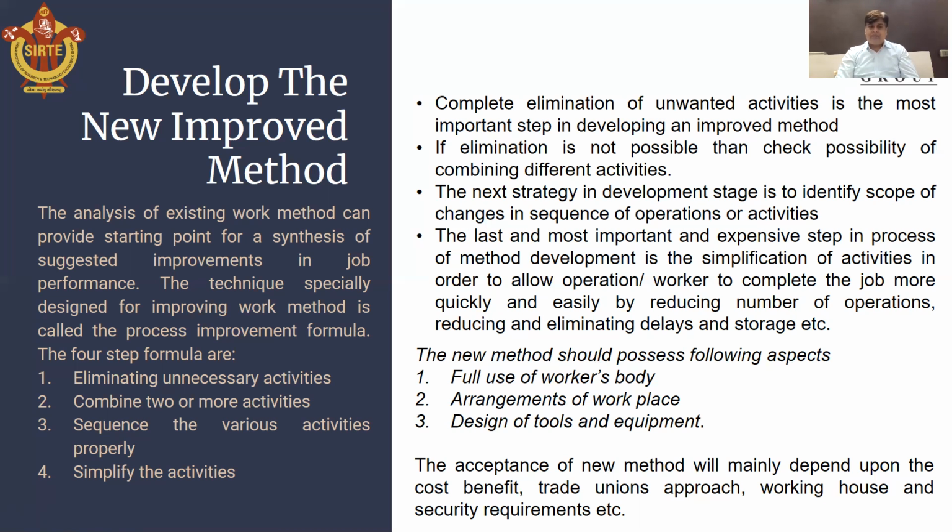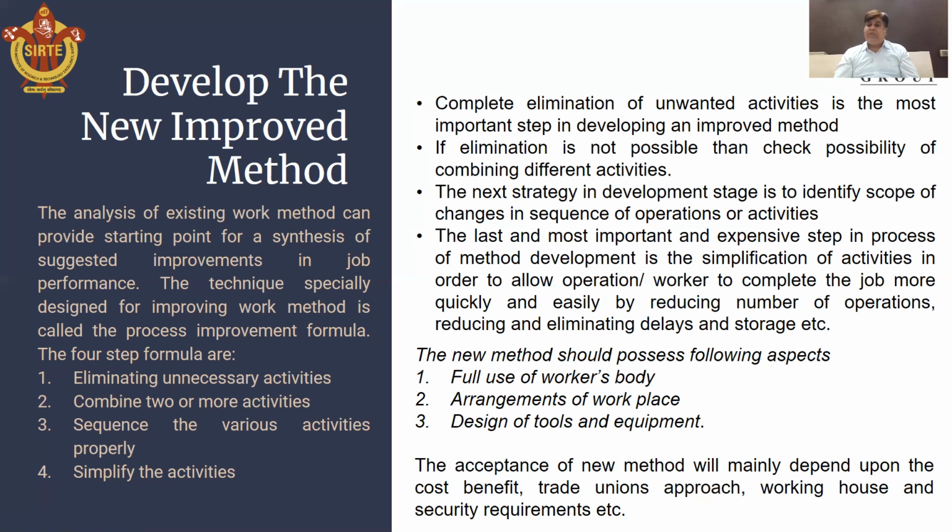Now, using this formula, how will this be helpful in developing? So complete elimination of unwanted activities is the most important step in developing an improved method. We have to eliminate all the unwanted activities that are carried out during the working process so that we can get the improved method.